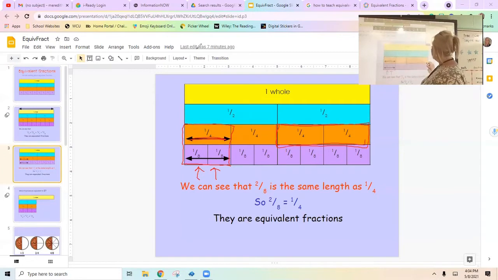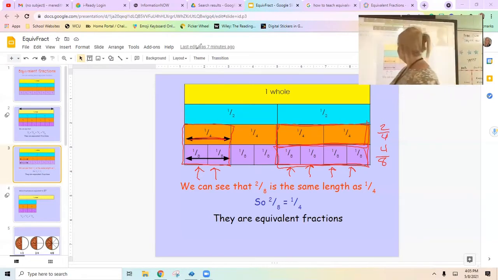I'm going to put a box around 2/4. How many 8ths does it take to equal that 2/4? 1, 2, 3, 4. So 4/8 is the same as 2/4. They're the same size. Okay, let's keep going.